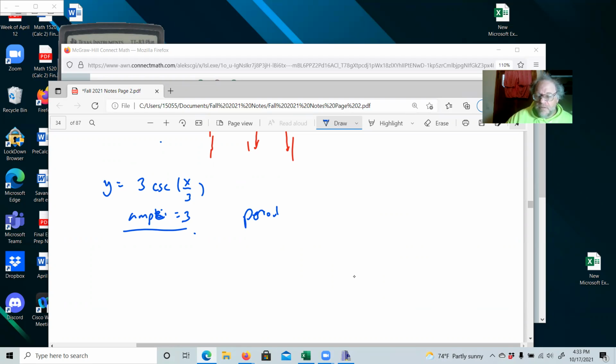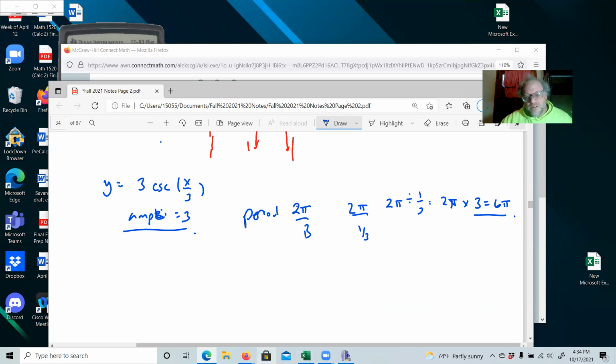Now, cosecant and sine both have the same basic period. So we're going to have a 2 pi over b here. So this is going to be 2 pi over 1/3. 2 pi divided by 1/3 is really 2 pi times 3, which is 6 pi. We could also do it this way.